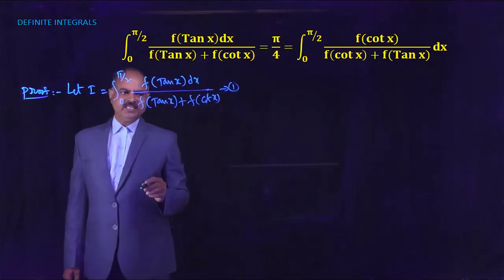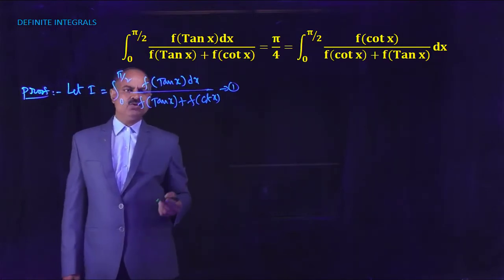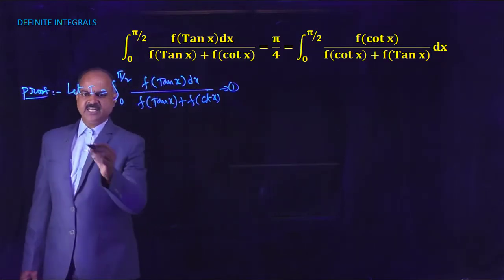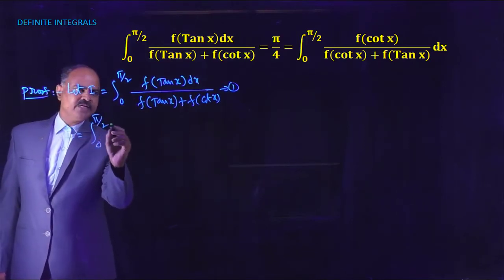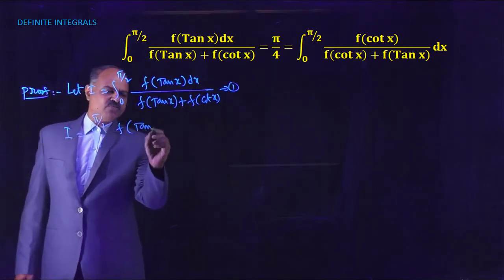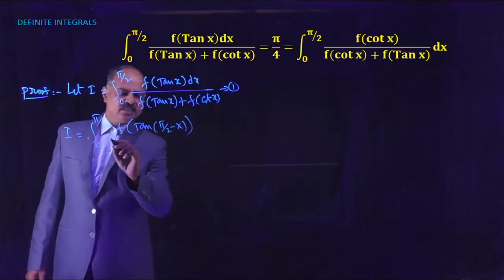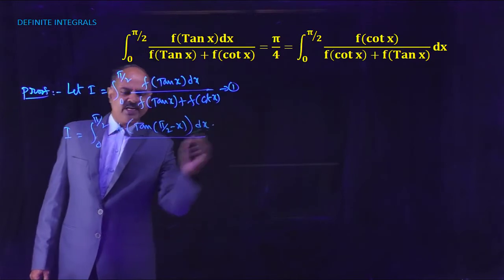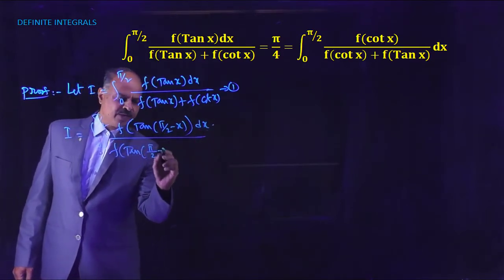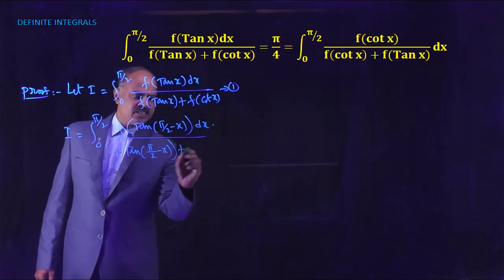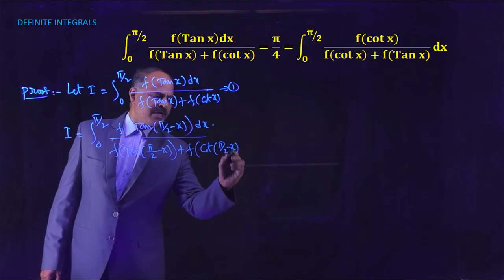So by applying the property integral 0 to a f of x dx equal to integral 0 to a f of a minus x dx, I is equal to integral 0 to pi by 2 f of tan of pi by 2 minus x dx divided by f of tan of pi by 2 minus x plus f of cot of pi by 2 minus x.